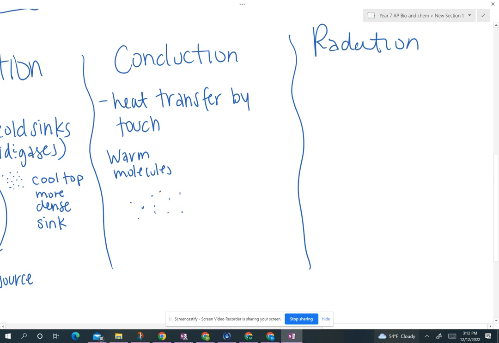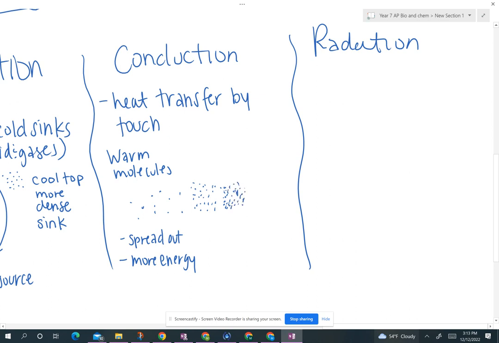And because they are more spread out, they're bouncing around. They have more energy. And what they're going to do is transfer this energy to more compact molecules.